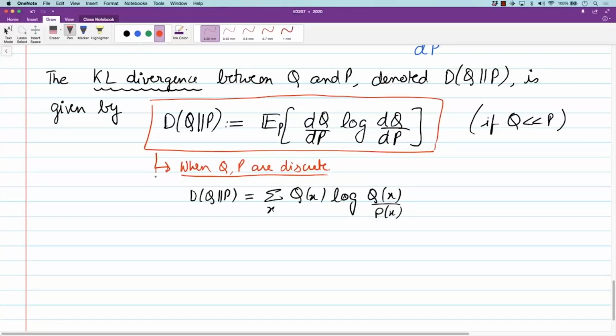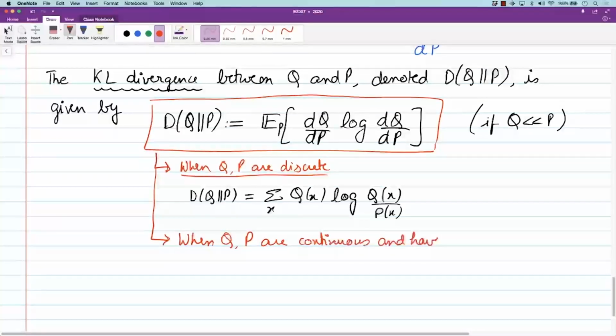Another interesting case is when Q, P are continuous and have densities with respect to the Lebesgue measure. Okay, mu, that's the Lebesgue measure.